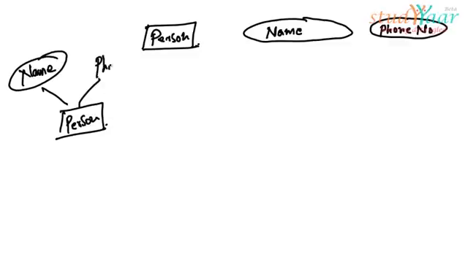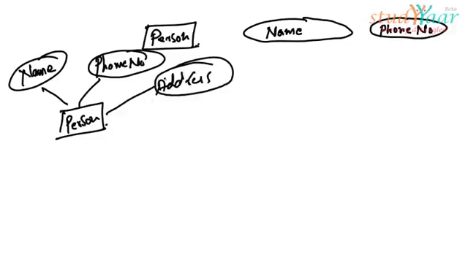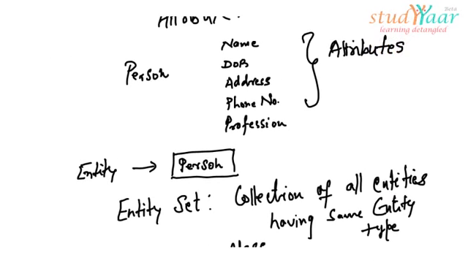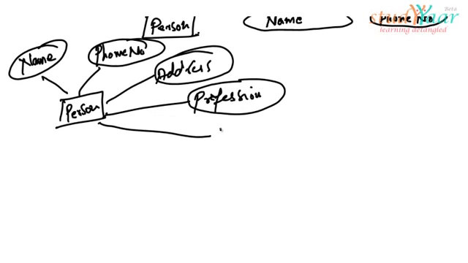We have a name, we have a phone number, we have an address, we have a profession, and what else do we have? We have a date of birth. So in this way I can represent the attributes of an entity.